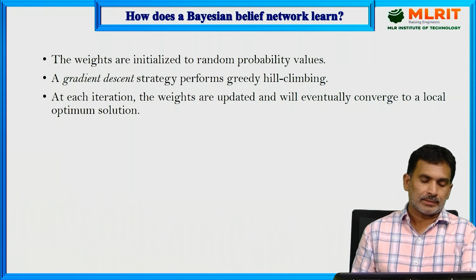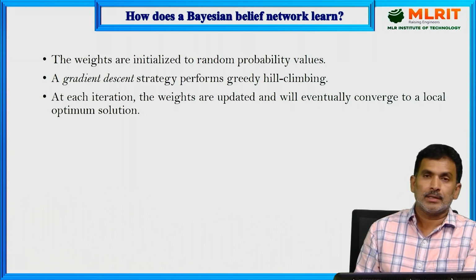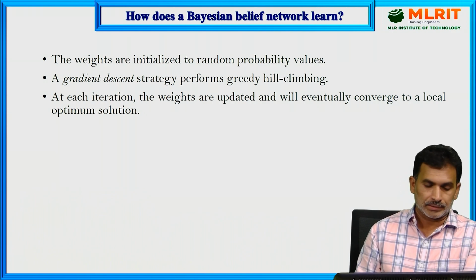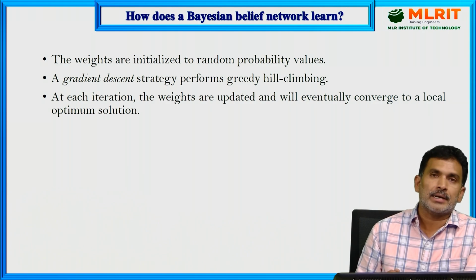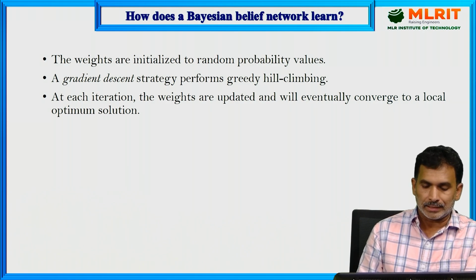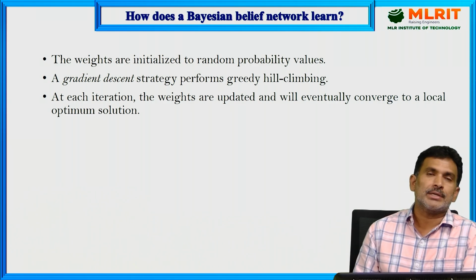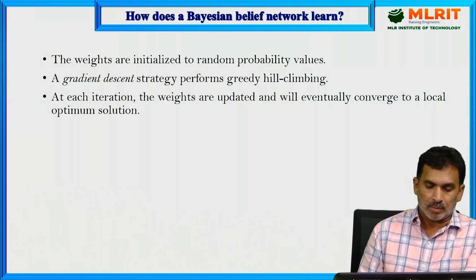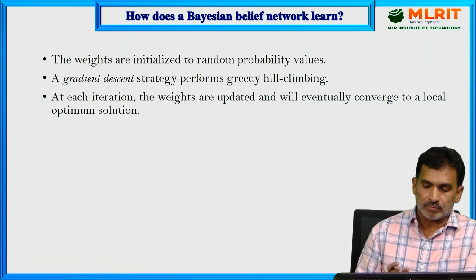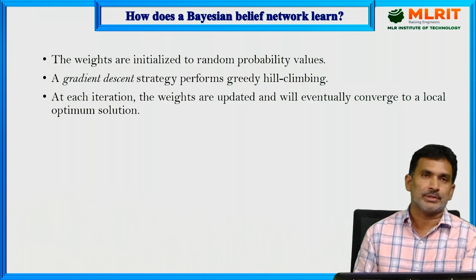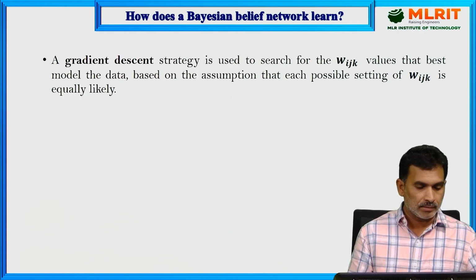So the weights are initialized to random probability values. Next, the gradient descent strategy, that is, greedy hill climbing, will be used. At each iteration, the weights are updated and will eventually converge to a local optimum solution. So this is the way we train the model.